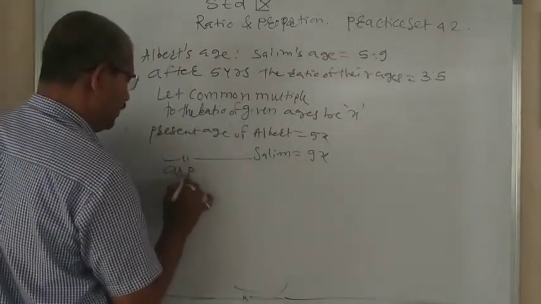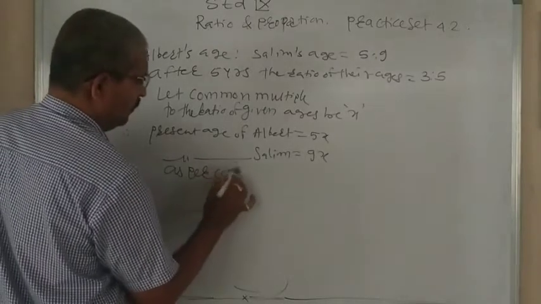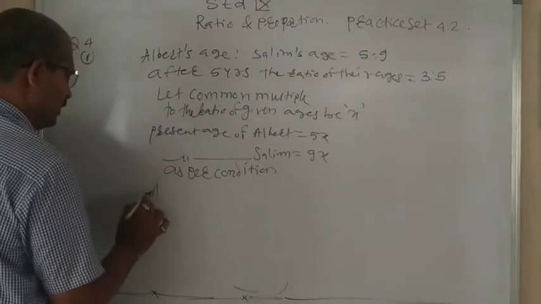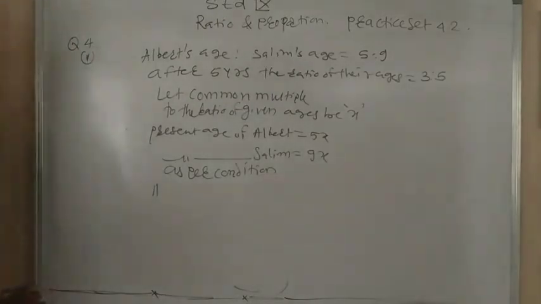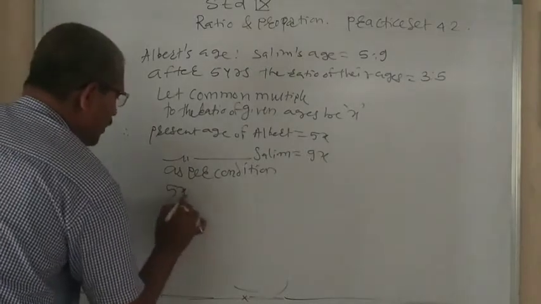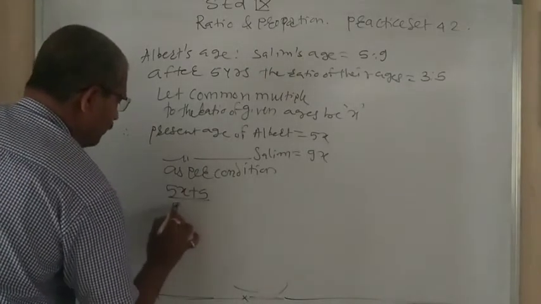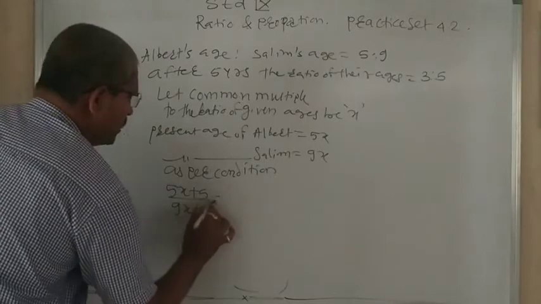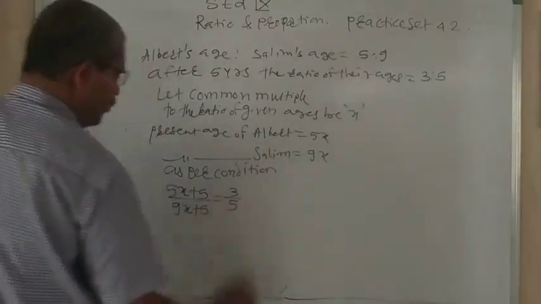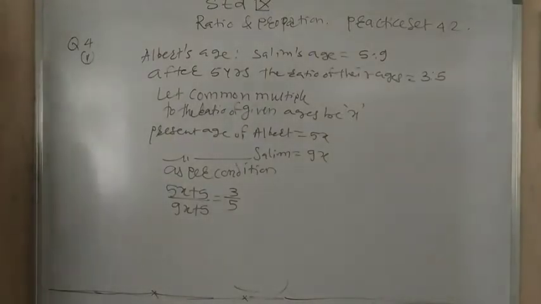As per condition, what should we do? Now we should write 5x plus 5 upon 9x plus 5 is equal to, after 5 years, that ratio is 3/5.